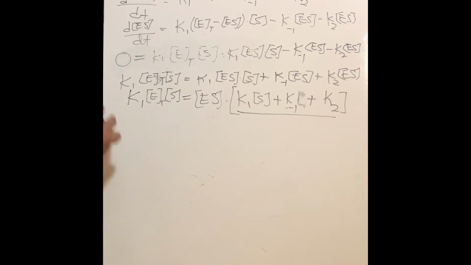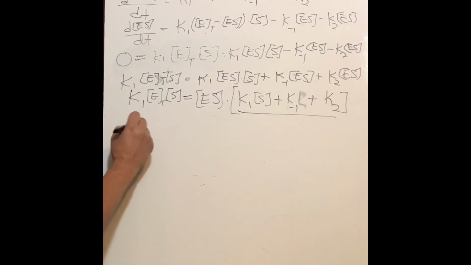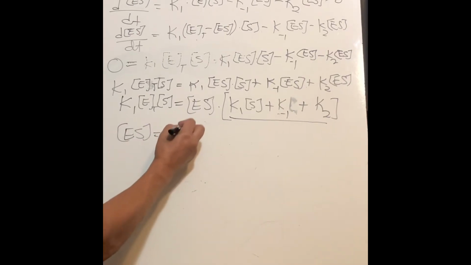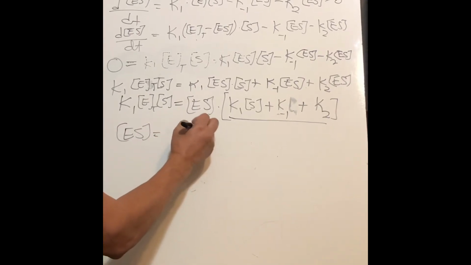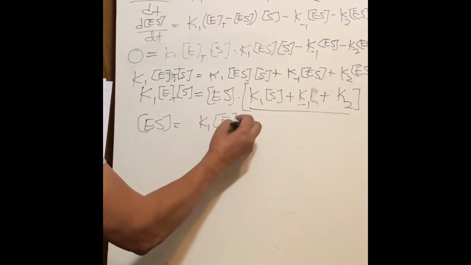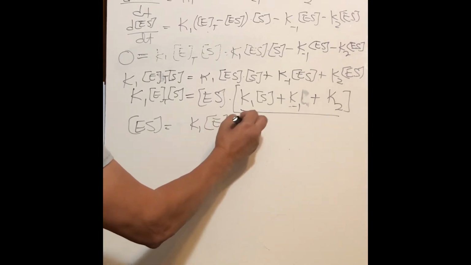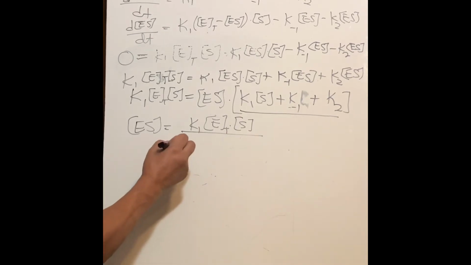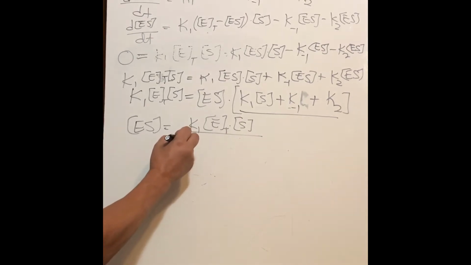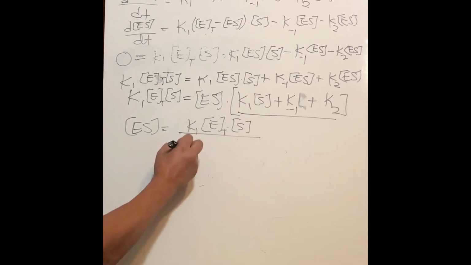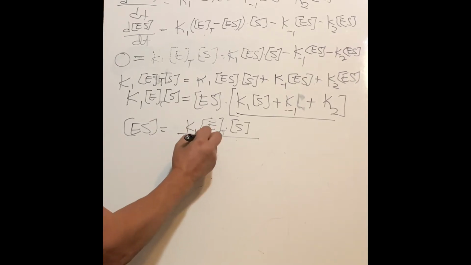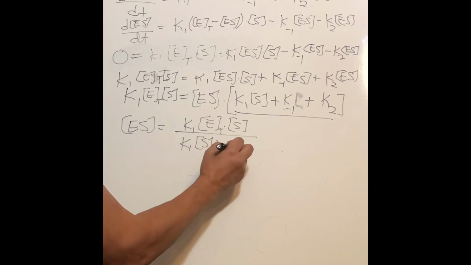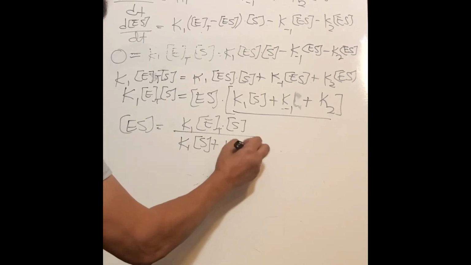And that will give us that the enzyme substrate concentration equals K1 times the total concentration of the enzyme times the substrate concentration divided by K1 times the substrate concentration plus K to the negative 1 plus K2.